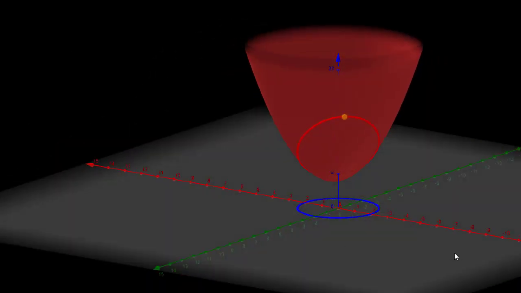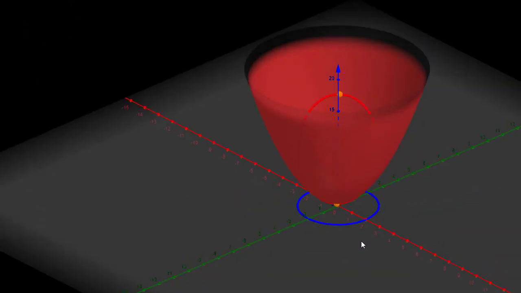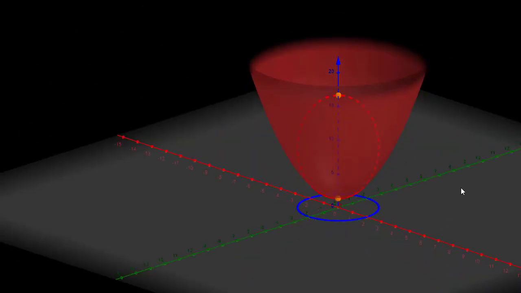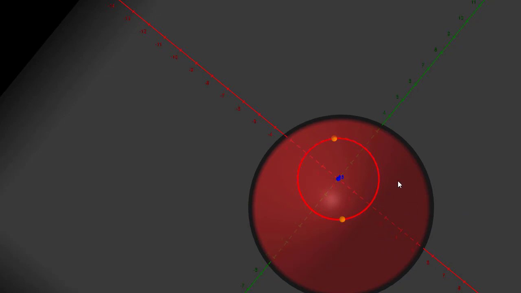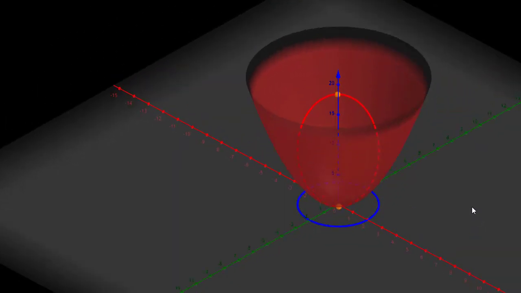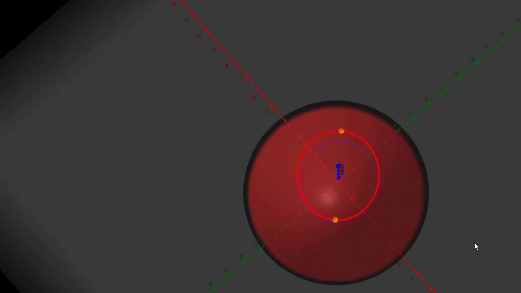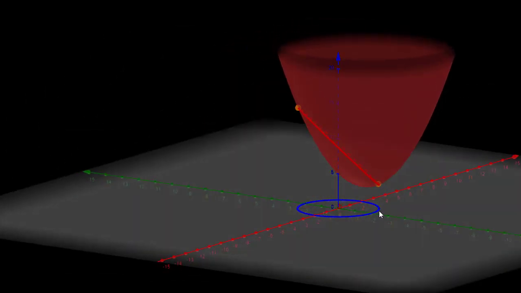What's happening on or over this circle. Okay, so if I flip this around, that should be a little easier to see. So when we flip this up, we see that this red curve completely covers the blue curve. All right, so from above, they look exactly the same. And so we want to find these 2 points.